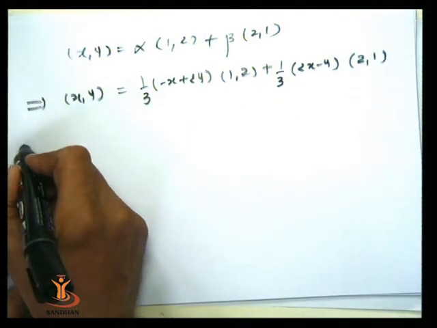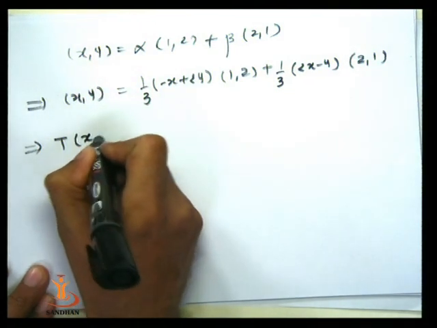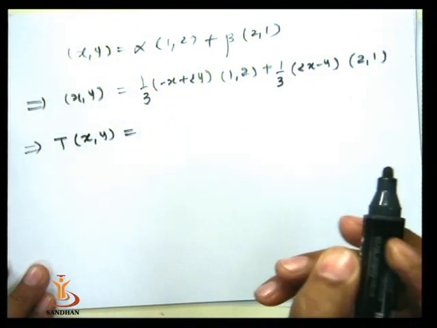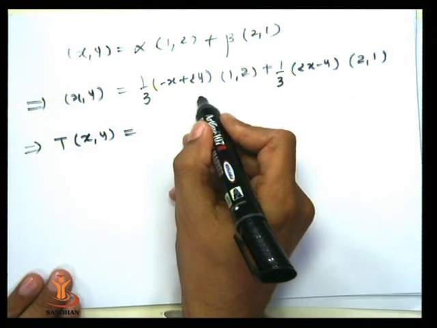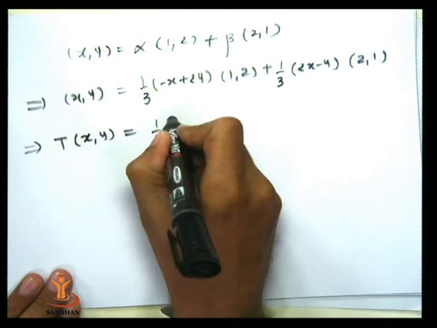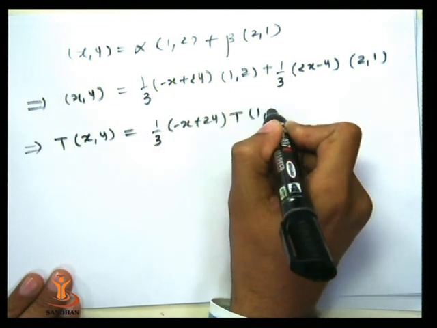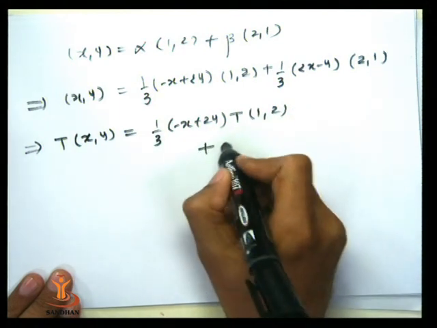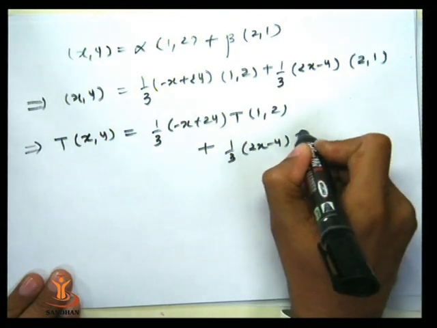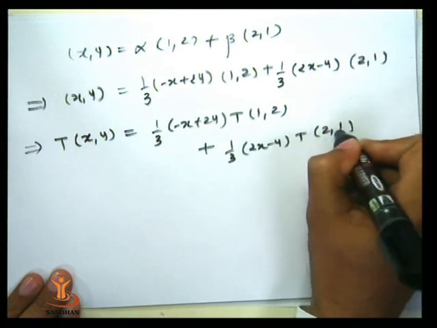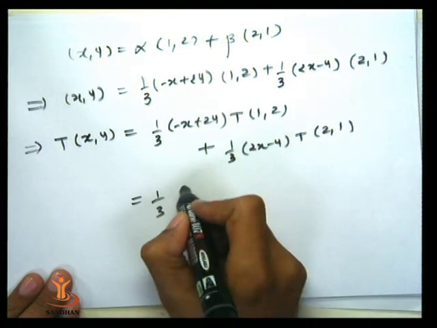So if we apply T on both sides, we get T(x,y) equal to, here 1/3 times (-x + 2y) is a scalar, so 1/3 times (-x + 2y) into T(1,2) plus 1/3 times (2x - y) into T(2,1). Now we have been given the definitions of T(1,2) and T(2,1).